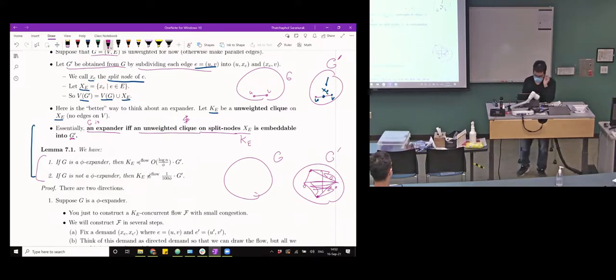So more formally, if a graph is a phi expander, then you can embed a clique on split nodes. Like edges can send all-to-all flow to each other. By embedding a KE into G prime, it means that edges can send all-to-all flow in G prime with small congestion.